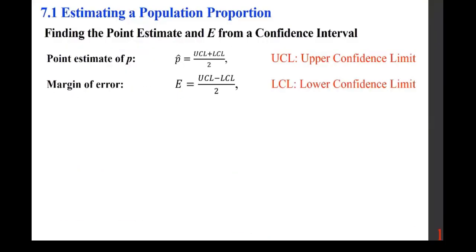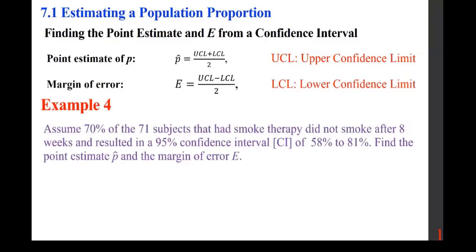The next thing we want to look at is a slightly different example. We mentioned how we arrive at p hat and E. Here's an example. Assume 70% of the 71 subjects that had smoke therapy did not smoke after 8 weeks, and this resulted in a 95% confidence interval of 58% to 81%. Find the point estimate p hat and the margin of error E. So let's see what is given.